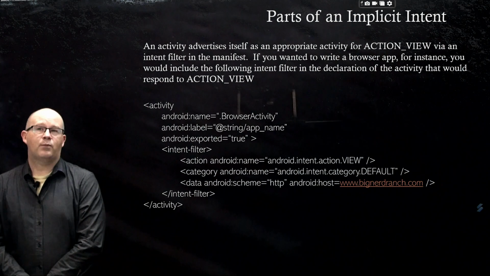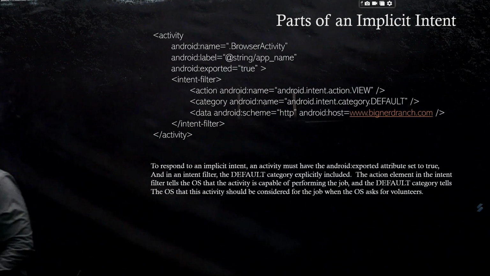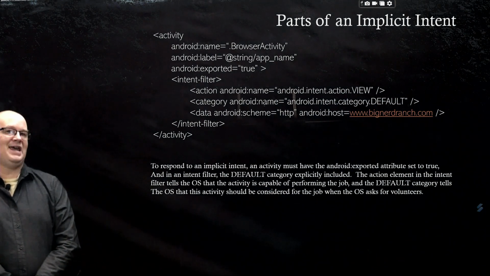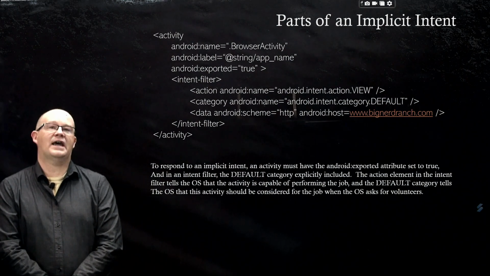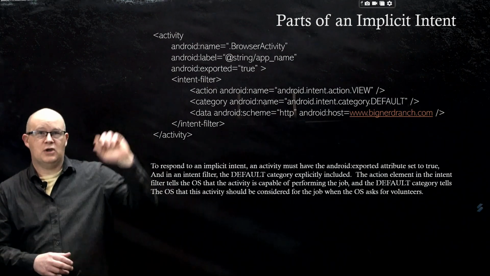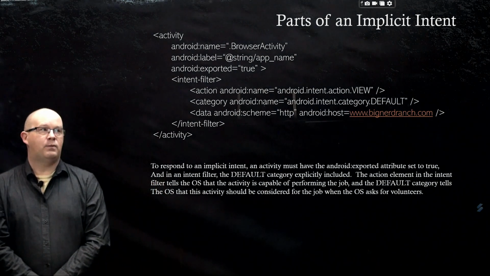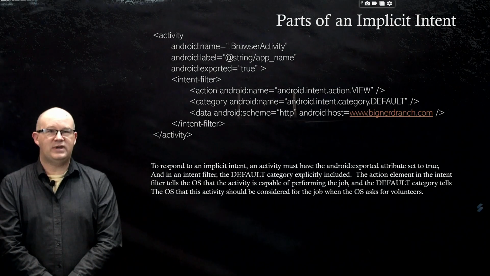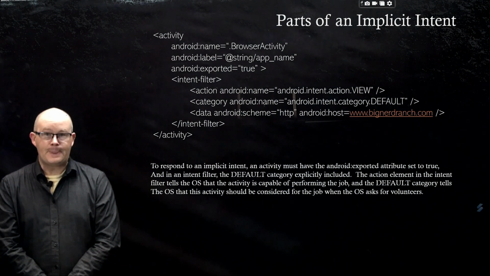The 4th part is optional, and we have a couple of things to take a look at here. To respond to an implicit intent, an activity must have android:exported set to true. So this particular intent is basically on the receiving end, and it needs to be able to respond to an intent.